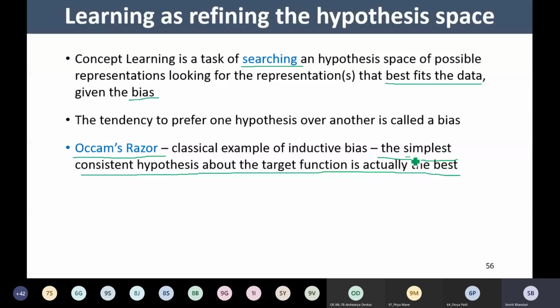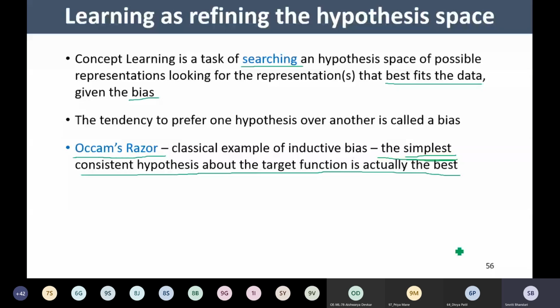So out of many different kinds of possible hypotheses, it is usually the best hypothesis that is of the simplest form.